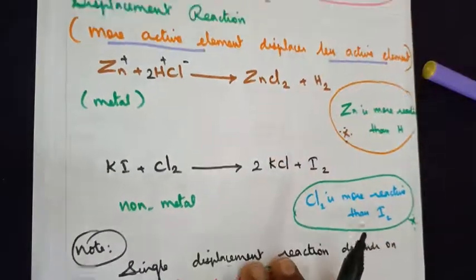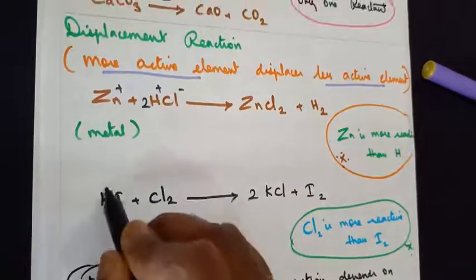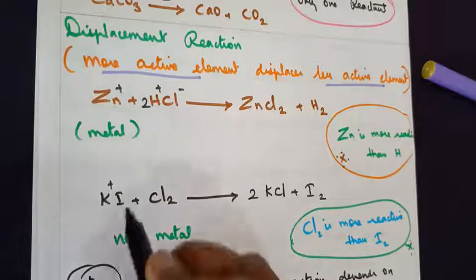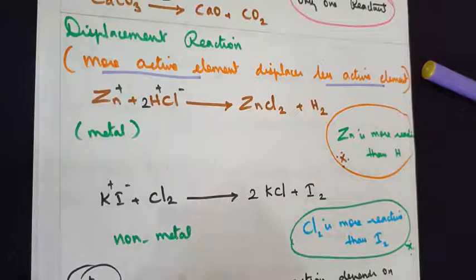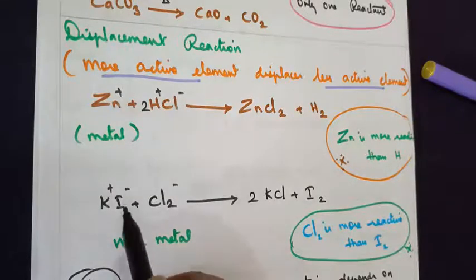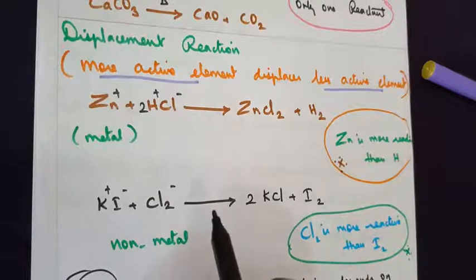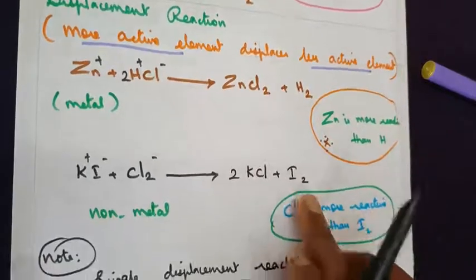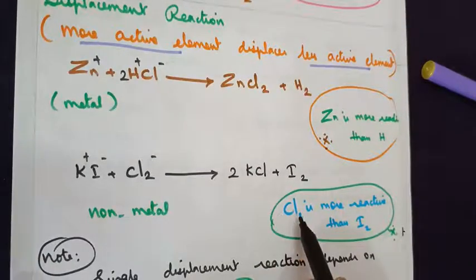Now look at potassium iodide and chlorine. Potassium is positively charged, iodide is negatively charged, chlorine again is a halogen, negatively charged here. Potassium has no partner to merge with, but between the two negative ions, we need to determine which is highly reactive. That's what we have found out. Chlorine is highly reactive, so chlorine combines with the product.